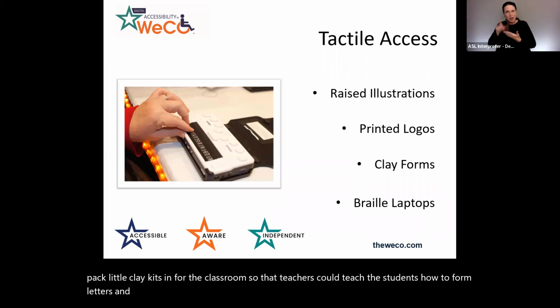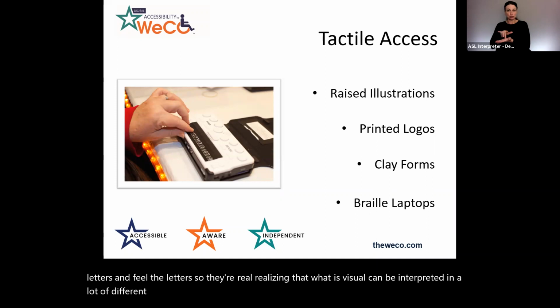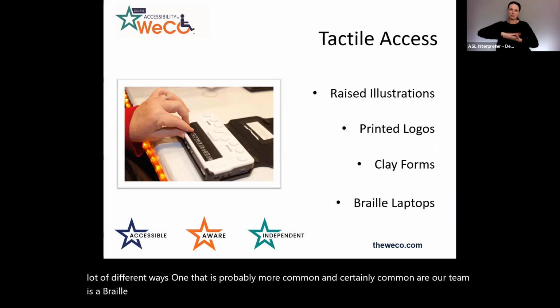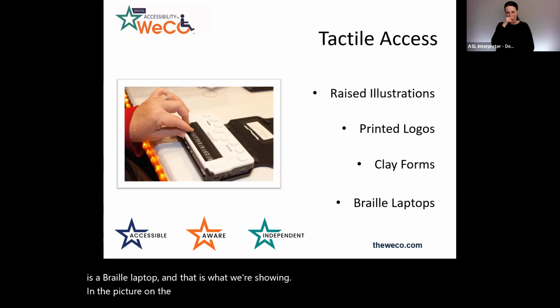So they're realizing that what is visual can be interpreted in a lot of different ways. One that is probably more common, and certainly common on our team, is a Braille laptop, which is what we're showing in the picture on this slide. This is one of our lead testers, Maureen, demonstrating a changeable Braille display.